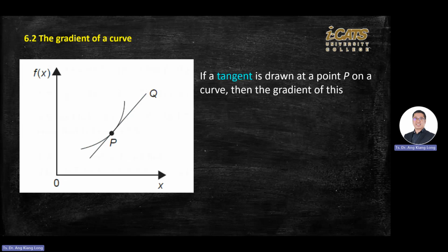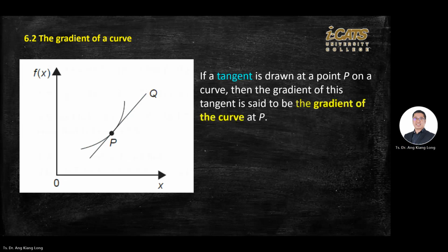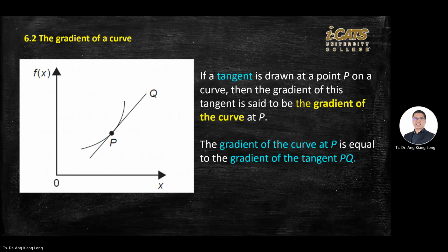The tangent at point P is at 90 degrees to that curve. If we mention finding the tangent, it means there's only one touch point on the curve, one contact point along the straight line. For example, this straight line PQ will intersect the curve at one point only.